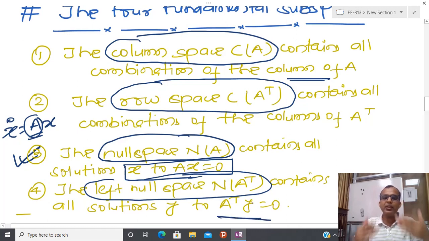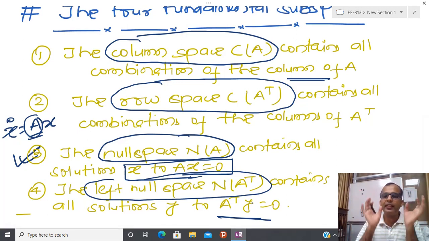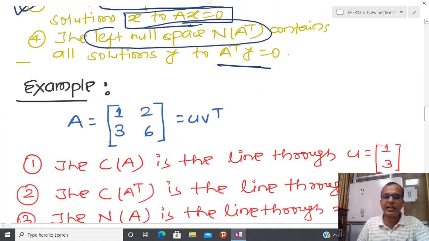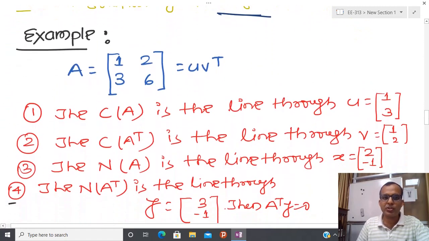So in this way, whenever I have some matrix A, first you have to understand that I have four different spaces associated with it, called subspaces: the column space, row space, null space, and left null space. Now let us see one example, and after that we will try to visualize the whole story.